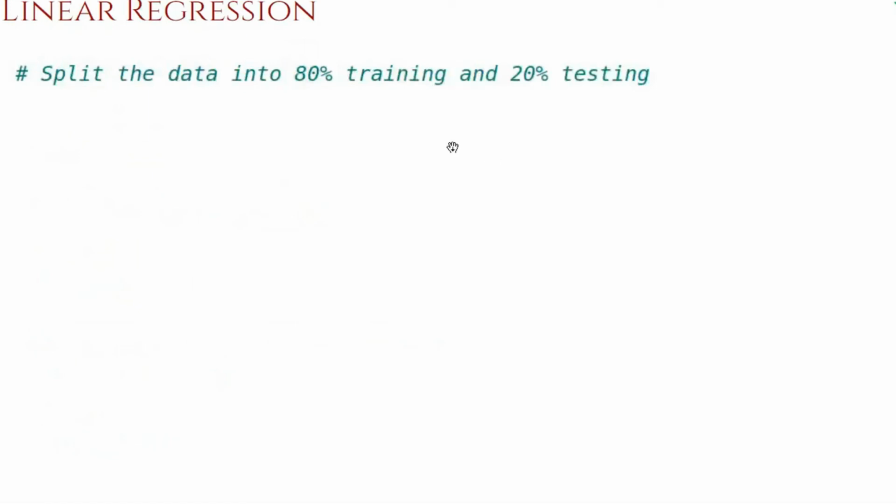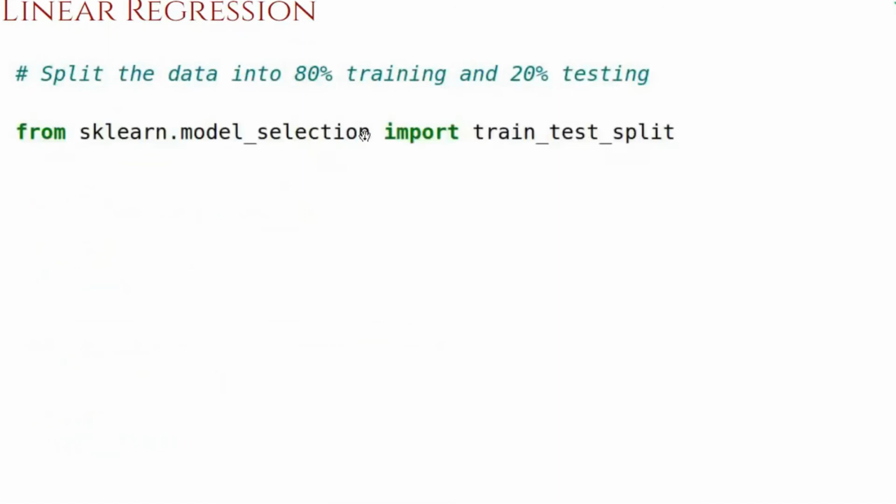So how do we split our data into training and testing? The scikit-learn library provides a built-in function called train_test_split, which is defined inside the scikit-learn module called model_selection.